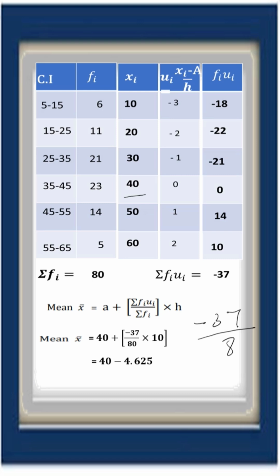So 40 minus 4.625. What is it? You are very shrewd in solving such problems, isn't it? 40 minus 4.625 is equal to 35.375. So mean is equal to 35.375.